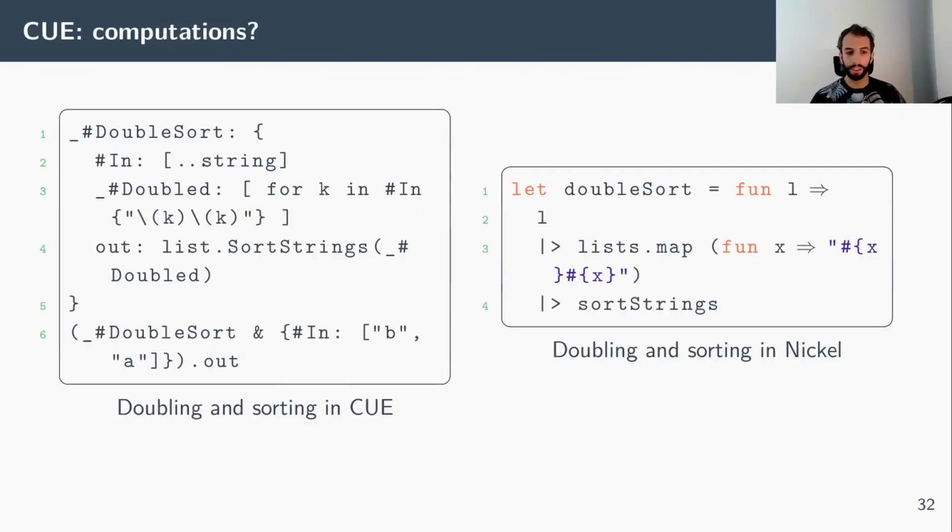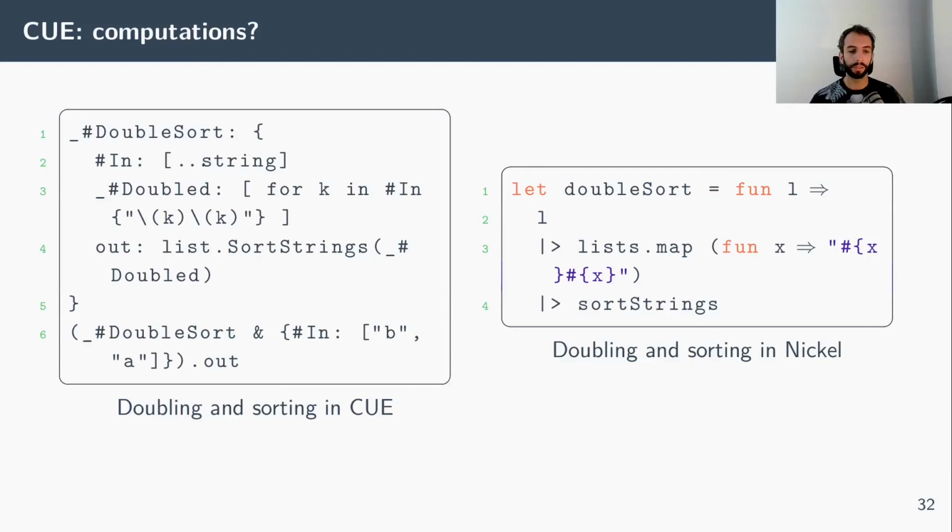Still, even if Q doesn't have functions, you sometimes need to apply some treatment to your data. So it has comprehensions, a lot of built-in functions like this list sort strings at line 4. But still, people need to resort to functions. And you can encode some functions in Q using merging, actually.